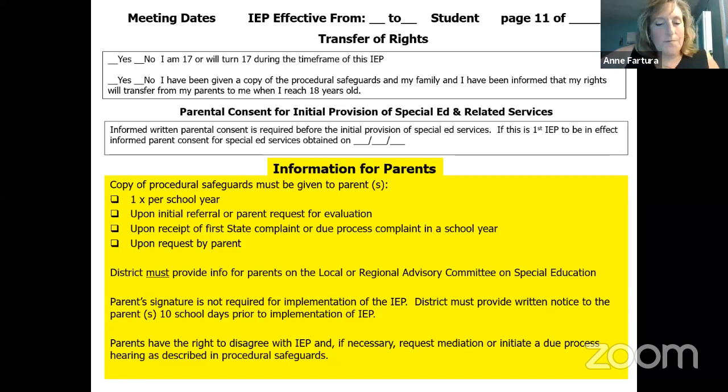Absolutely. So I talked about a signature not being required. It's good to clarify this, as Deb said, because that parental consent for initial provision is the only time that signature is required. So parents can get right up until the doorway of special education. They could have gone through the referral process, the evaluation process.